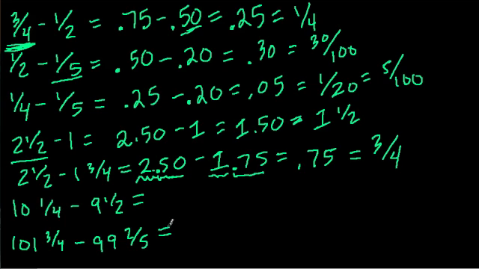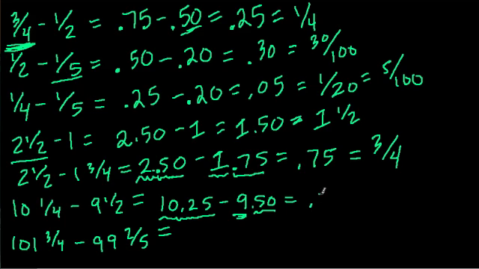Now we have 10 1/4 minus 9 1/2. Well, 10 1/4 is like $10.25, taking away $9.50. So what I'm going to do is think of what is 10.25 minus $9. Well, that's the same thing as 10 minus 9, which is a dollar, but we started 25 cents higher, so it's $1.25 minus 50 cents.